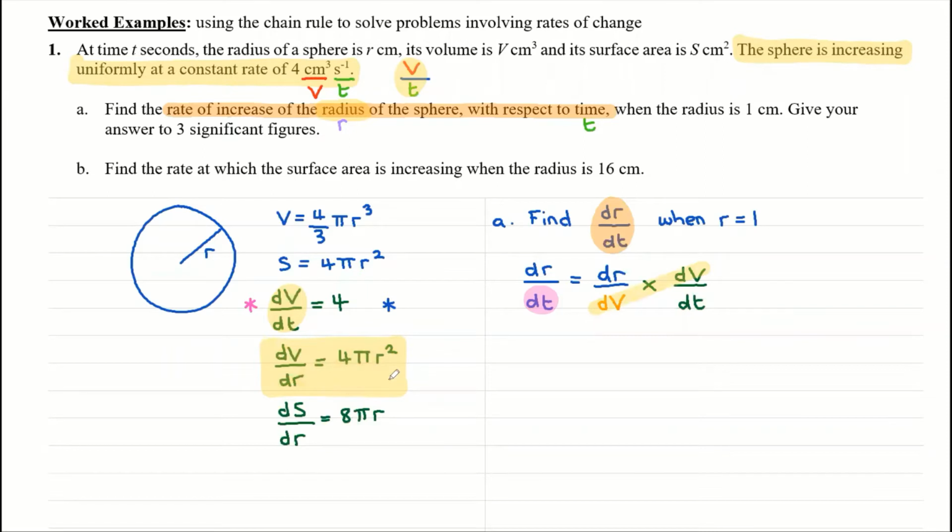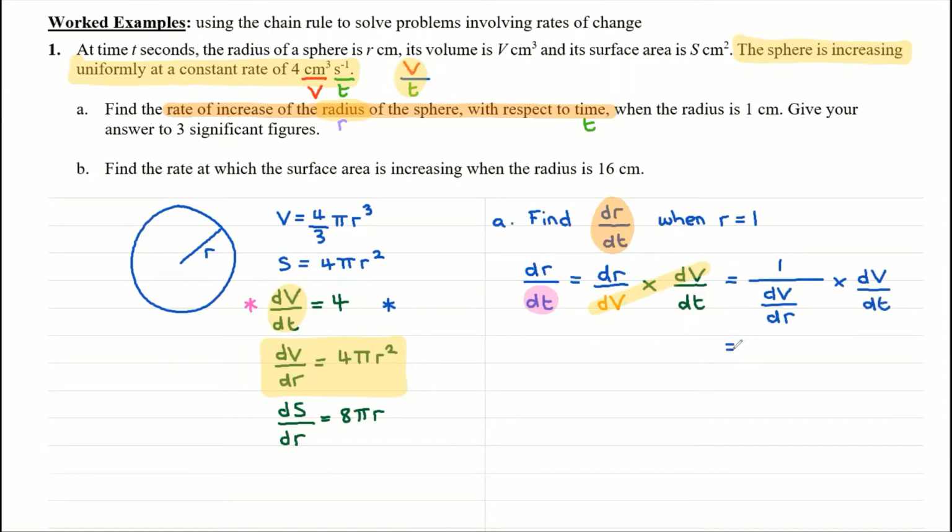Okay, so let's put it all together. So this is going to equal 1 over dv by dr multiplied by dv by dt, which we know is just 4.